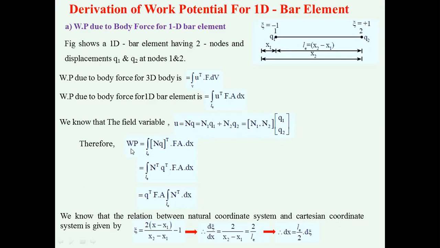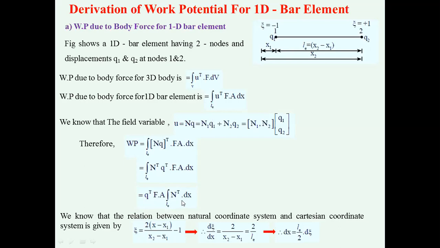So the work potential, replacing the value of u as N into q, becomes the line integral of (N q) transpose f into A into dx, which equals, applying the transpose, N transpose q transpose f into A into dx. On rearranging, I will take the q transpose f into A outside, line integral N transpose into dx.